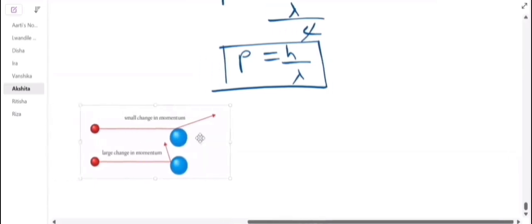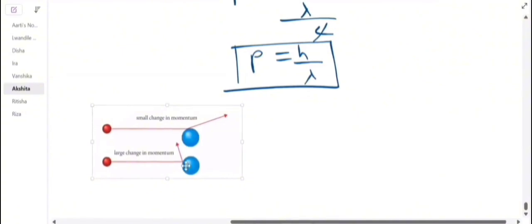It depends upon the angle of deflection. Here it got deflected at this angle, and here it got deflected at this angle. If the red ball just hits the edge of the blue ball, the momentum will hardly change, but a head-on collision will cause a larger change. It will be the same as with photons. So the bigger the angle of deviation, the greater the change in momentum.